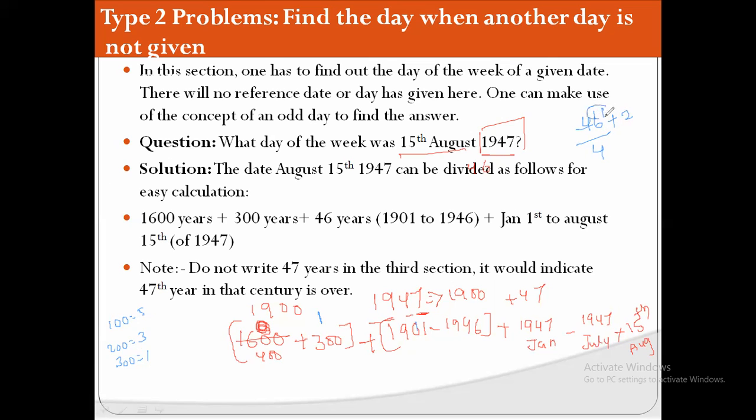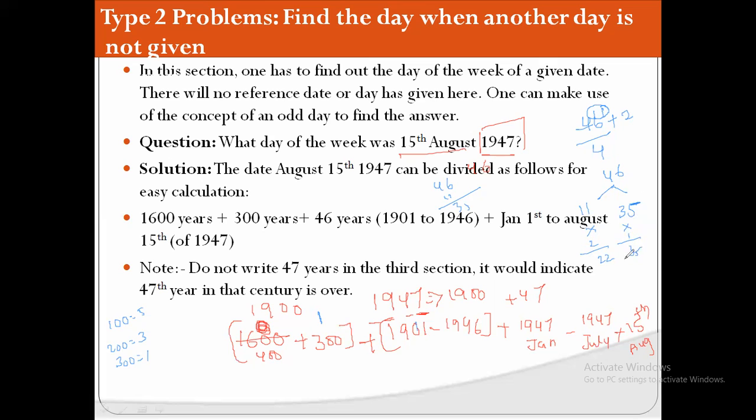So how many leap years are there? 11 leap years out of 46, and the remaining 46 minus 11 means 35 ordinary years. So 11 into 2, 22 odd days. 35 into 1, 35 odd days.